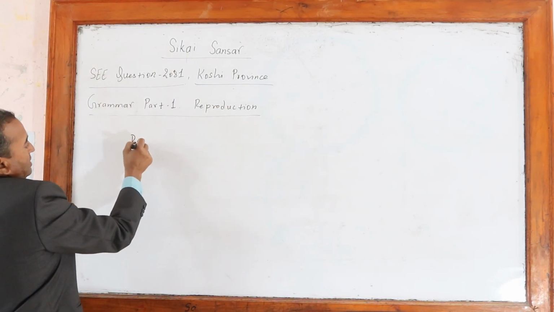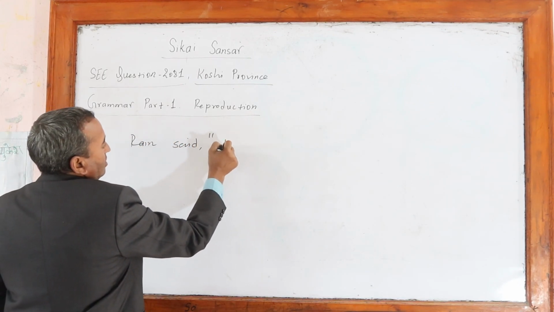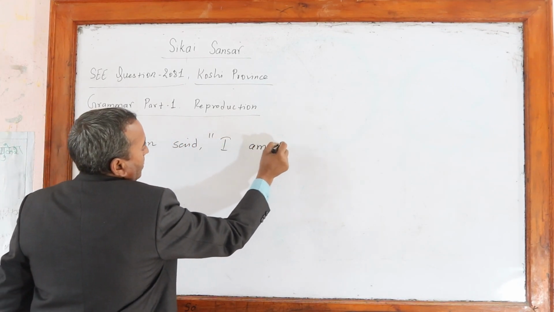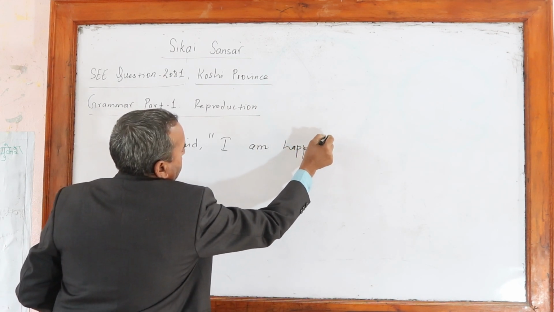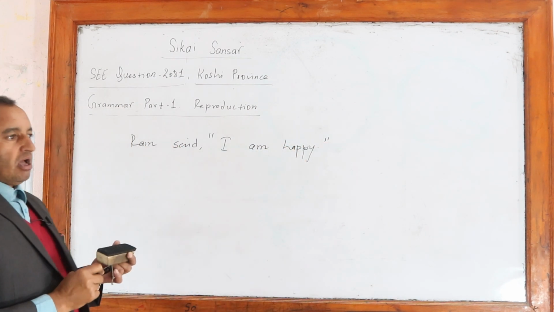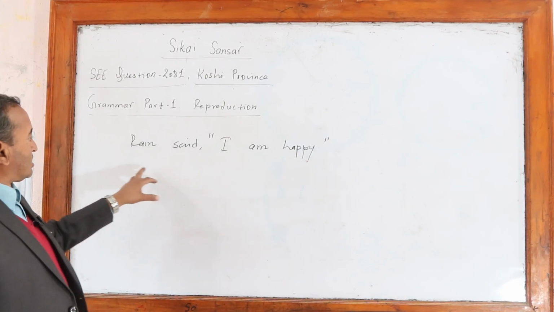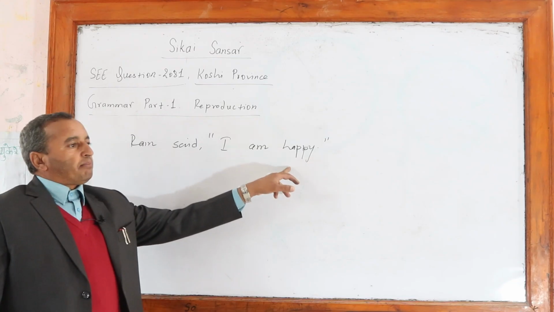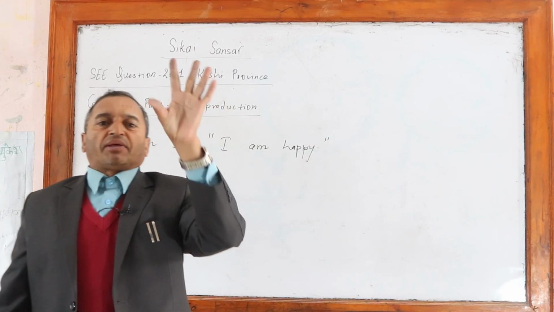Ram said, "I am happy." Earlier we did a yes no question. Now look, my dear students: Ram said, "I'm happy," and when there is am, it is in the simple present tense.